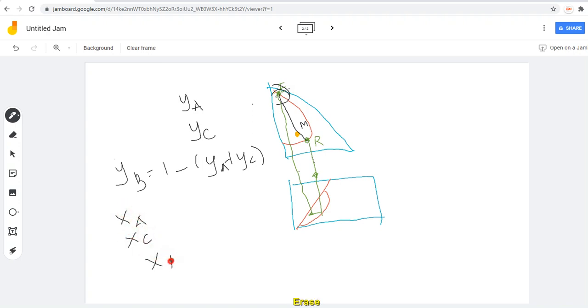Your XB will be 1 minus (XA plus XC). So this is what I meant a while ago when I was pointing out to you in the illustration in the PowerPoint, that the composition will only need 2, and you only get the sum of the 2, subtract it from 1 to get the third component composition.